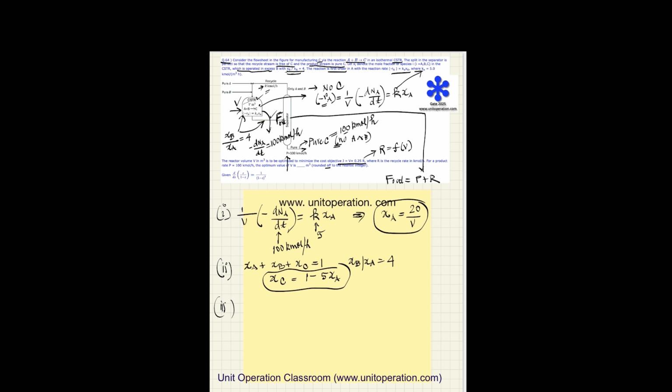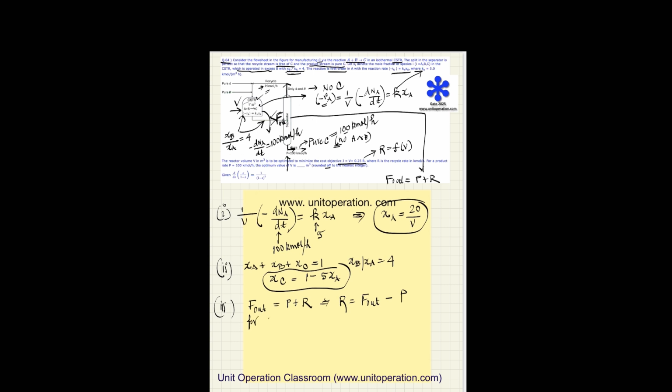This is being separated here: P, 100 moles, comes out from here, and the recycle stream goes along this direction. This is my F out coming in. So F out is equal to P plus R. So R is equal to F out minus P. We are targeting R because we have to find R as a function of V.